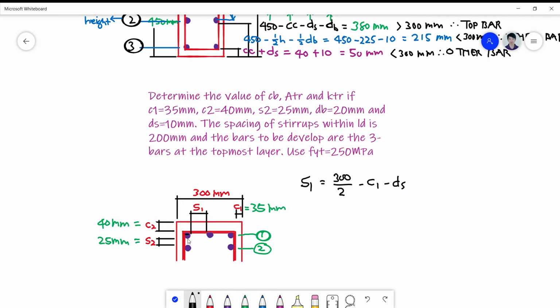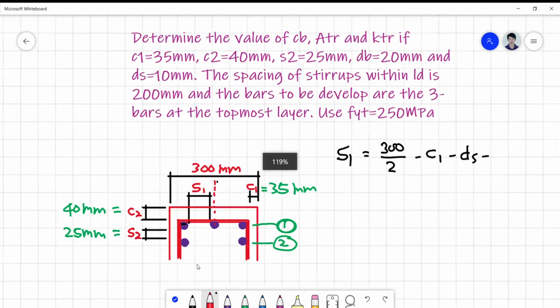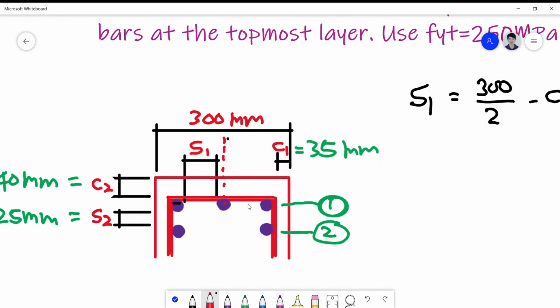And what remains is this value here, which is 1 whole of your dB. But still, this is referred to the center of your bar there. So we can add 1/2 of the bar diameter here. So let's have a closer look at this. So 1/2 of this bar diameter and 1 whole of this diameter becomes 1.5 of the bar diameter.